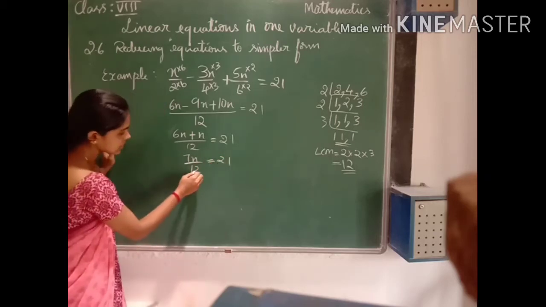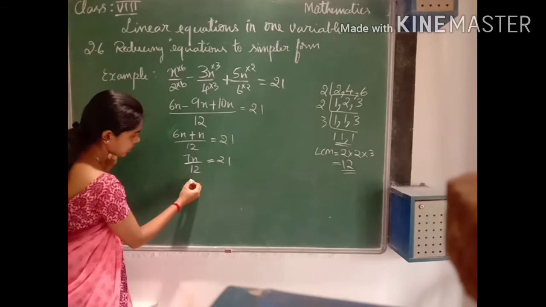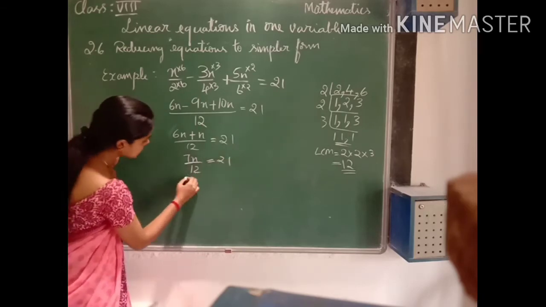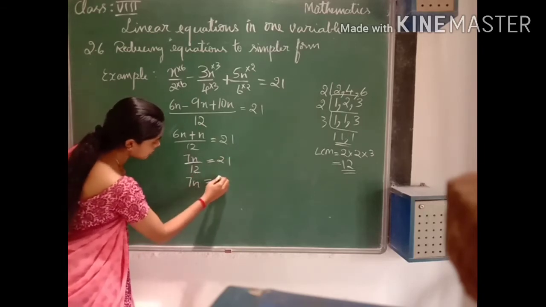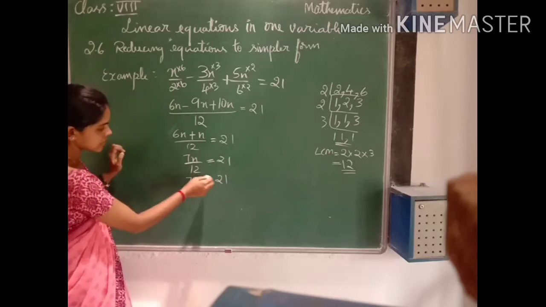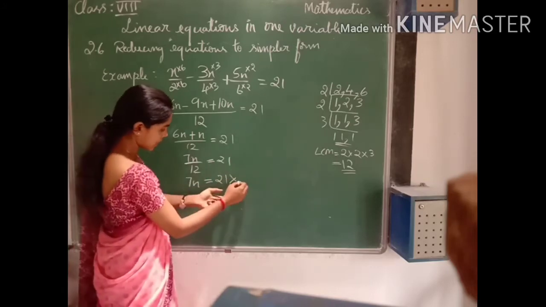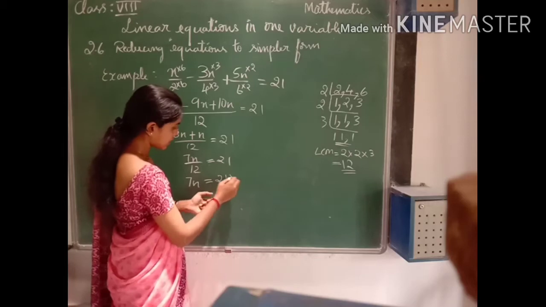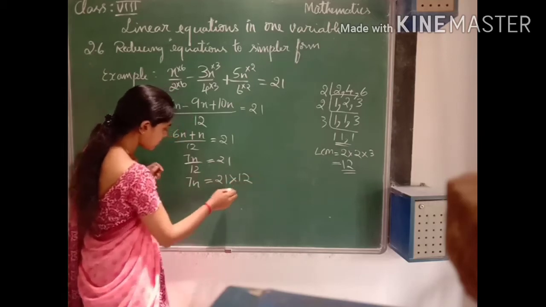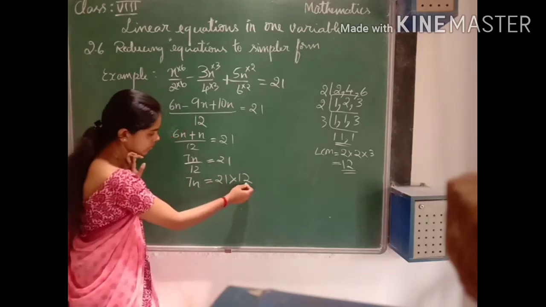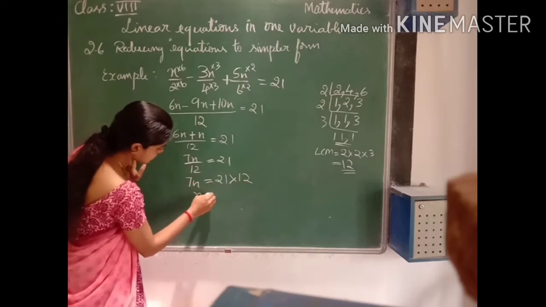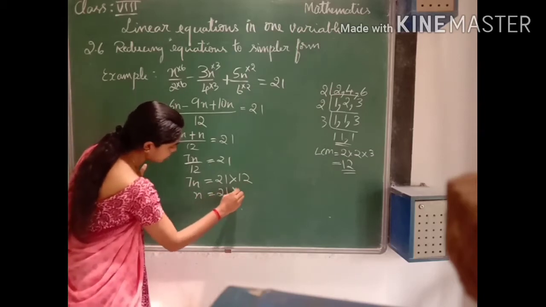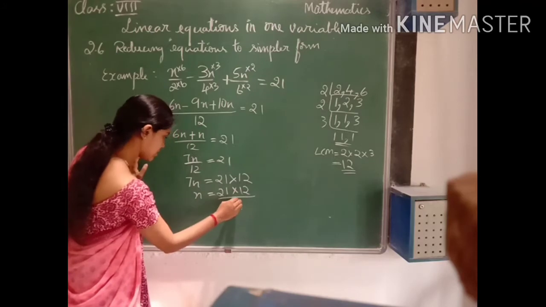Then take this 12 to the right side. 7n is equal to 21. Here it is division, when it comes to the other side it will become multiplication, 21 into 12. Then take this 7 to the right side now. n is equal to 21 into 12 divided by 7.